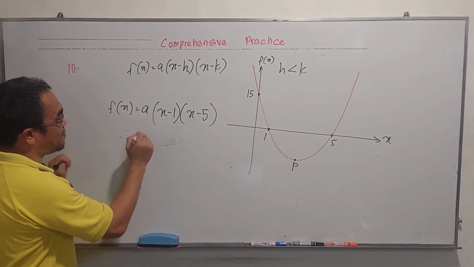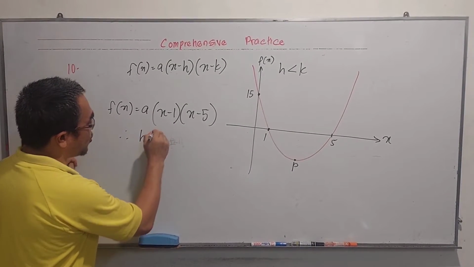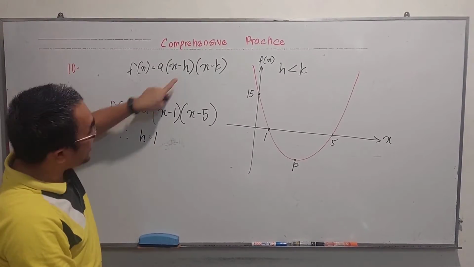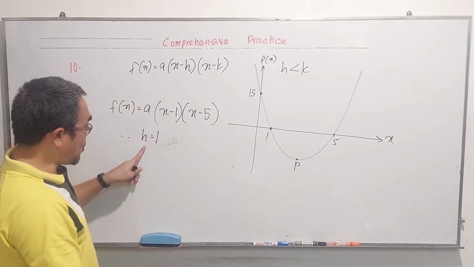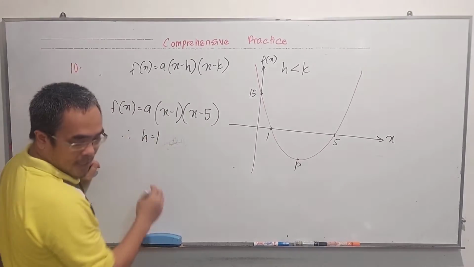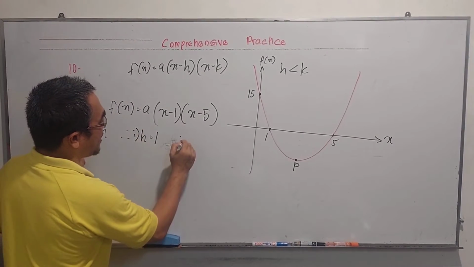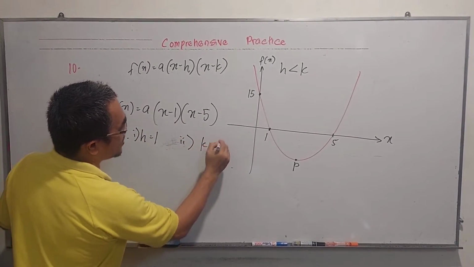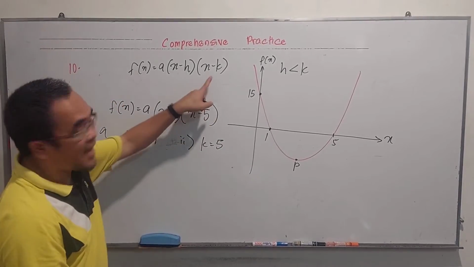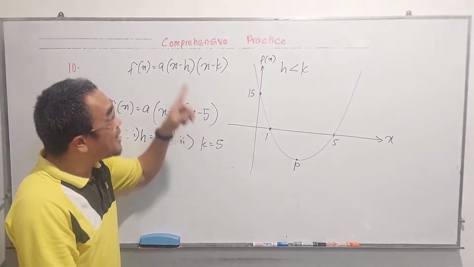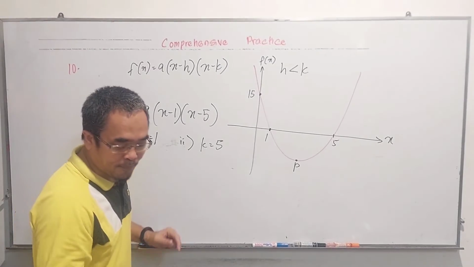Then we compare to the given. So from there, h equals 1, because negative h is equal to -1. For k, negative k equals -5, so k equals 5.